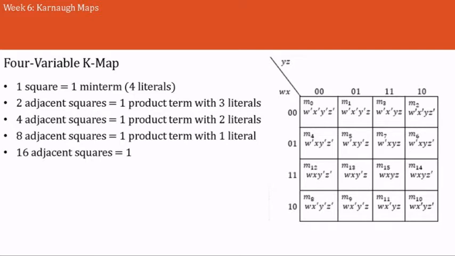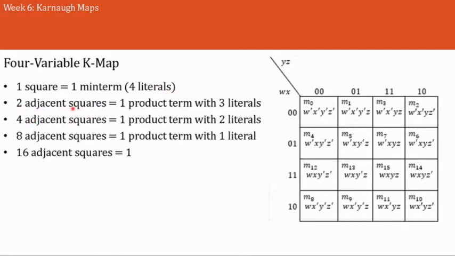We must also be aware of the number of literals that each product term has after combining adjacent squares. Again, let's say we have here one square and there is no adjacent square. Meaning our result will be 4 literals.